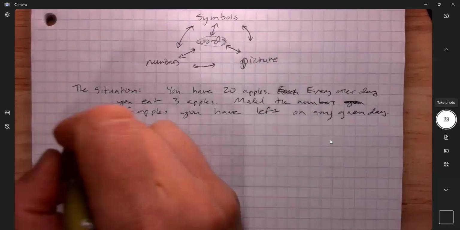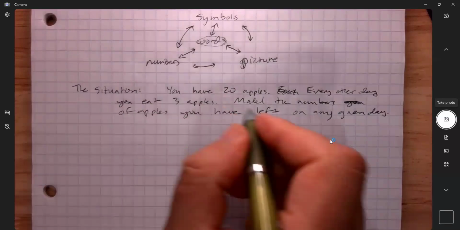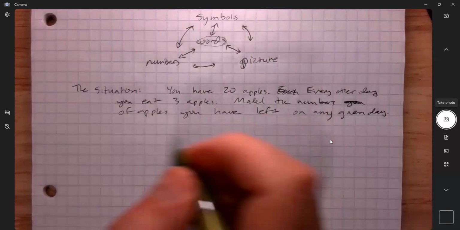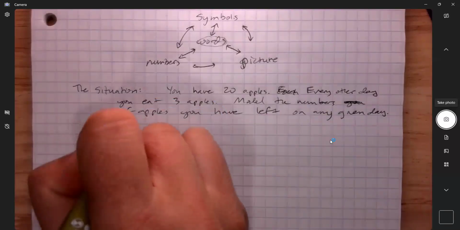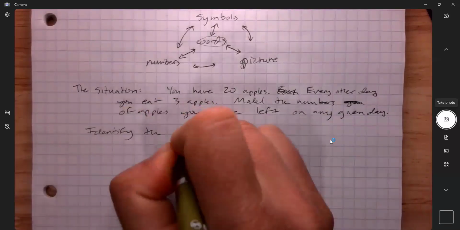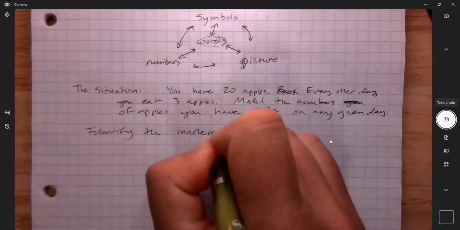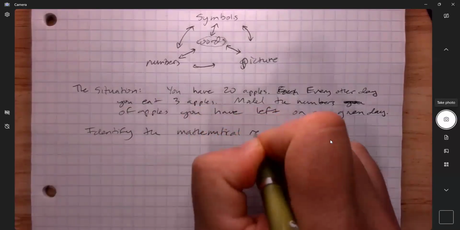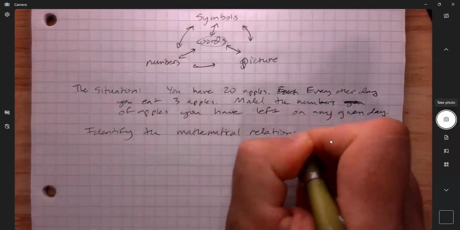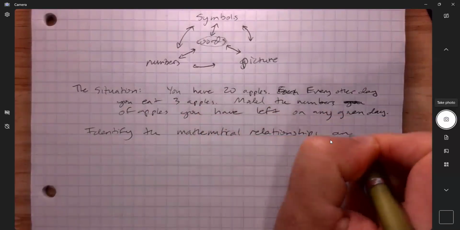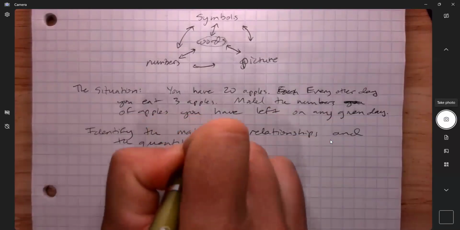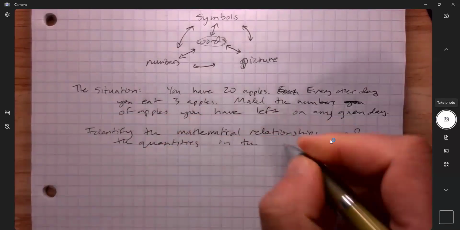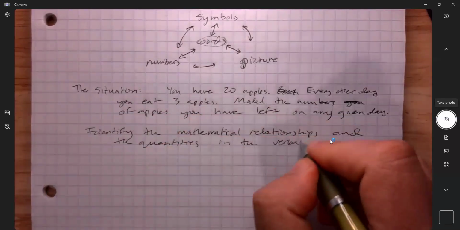So in order to convert something that's in words to symbols, you need to be able to identify the mathematical relationships and the quantities in the verbal description.